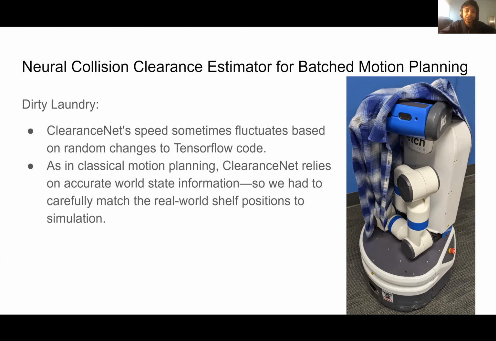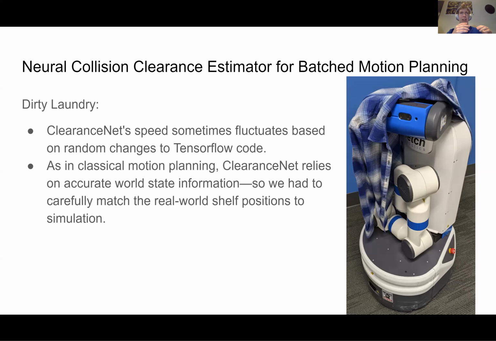I see. So could you imagine rerunning ClearanceNet with a larger threshold in these cases as well? Or do you think that would do similarly to the gradient repair procedure? Or do you think there'd be more of a benefit from the gradient repair procedure? Yeah, and so one of the modifications that I skipped over in the interest of time is that we actually have variable thresholds.